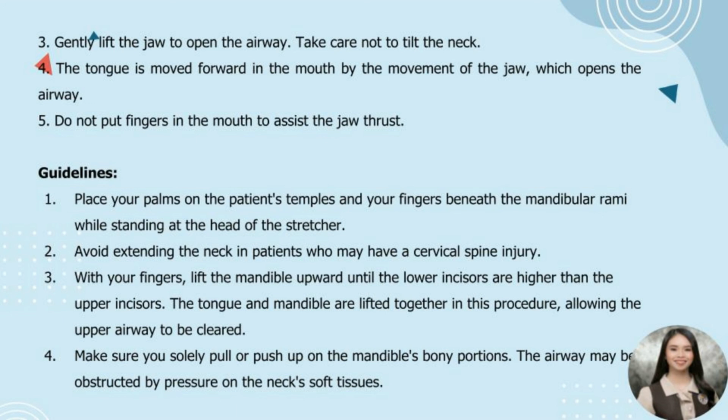And then, with your fingers, lift the mandible upward until the lower incisors are higher than the upper incisors. The tongue and mandible are lifted together in this procedure, allowing the upper airway to be cleared. And then make sure you solely pull or push up the mandible's bony portions. This airway may be obstructed by pressure on your neck's soft tissues.